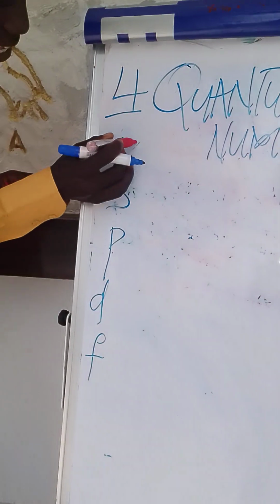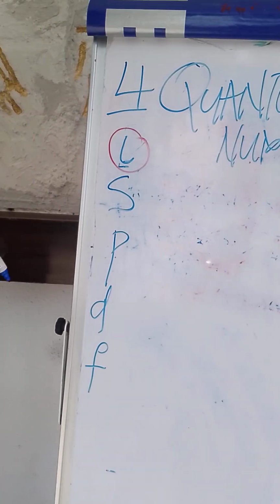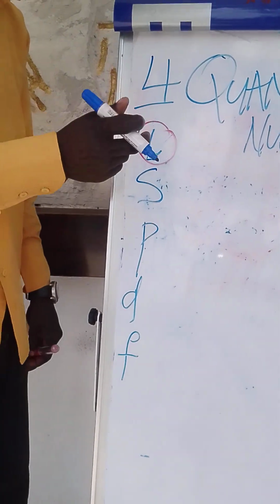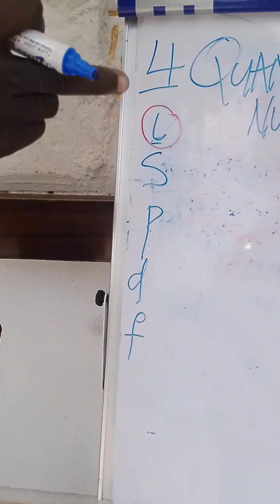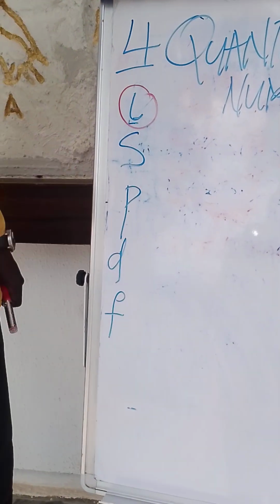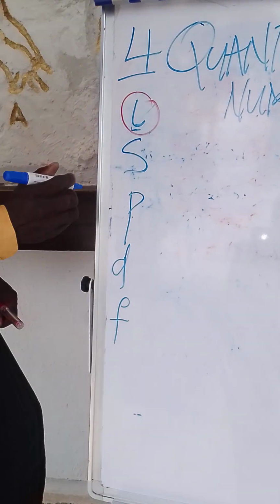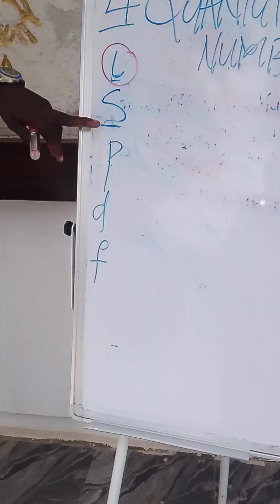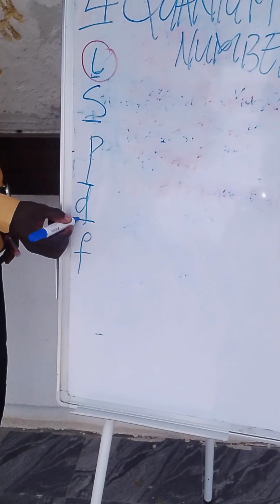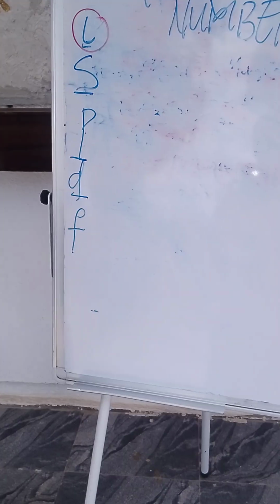Then this L helps us to represent our azimuthal. And azimuthal is the one describing the energy sublevel, as well as the shape of the orbital. So S is our spherical, P is dumbbell, D is double dumbbell.